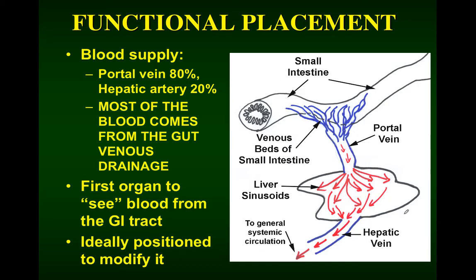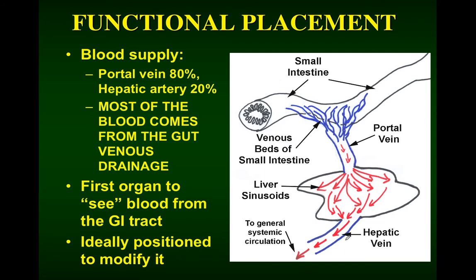So you can see here, this is the portal vein that's coming from the intestine, and this goes to the liver and then branches and will be collected through the hepatic vein. The hepatic artery is the main blood supply that provides the nutrition and the oxygen for the liver.